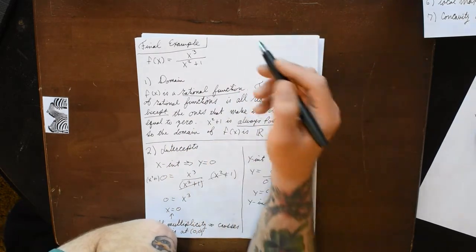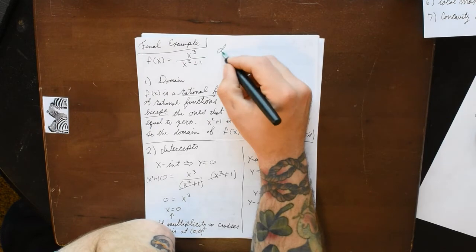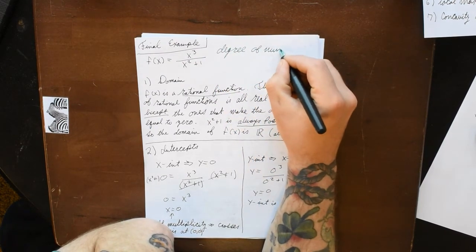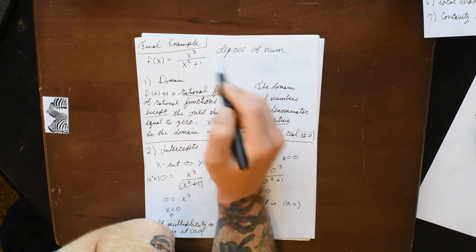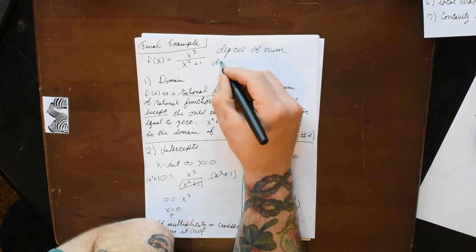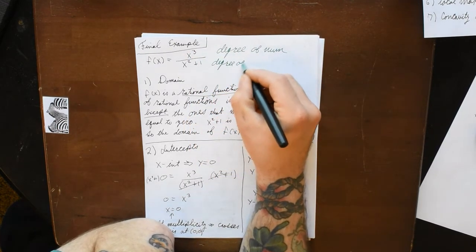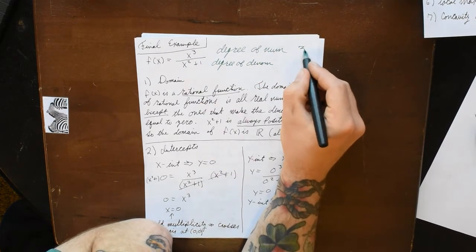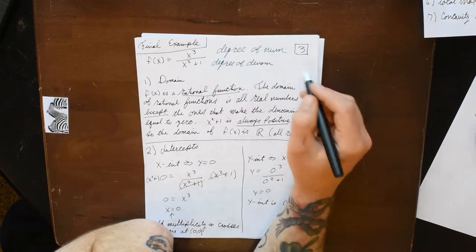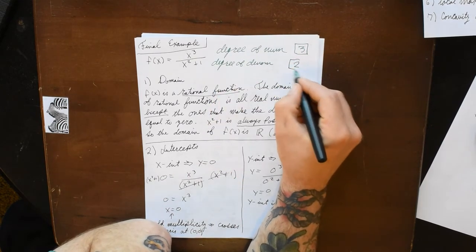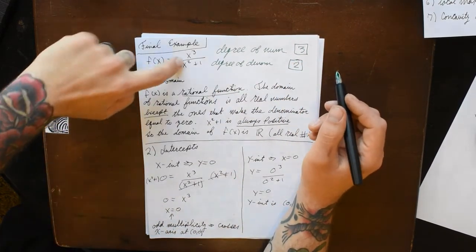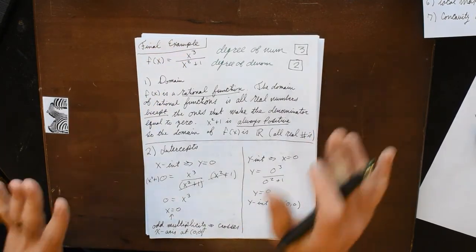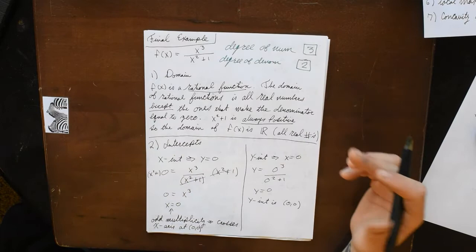And the thing to notice is that the degree of the numerator is exactly 1 greater than the degree of the denominator. The degree of the numerator is 3, and the degree of the denominator is 2. When the degree of the numerator is exactly 1 more than the degree of the denominator, you know you're going to have a slant asymptote. But let's continue.